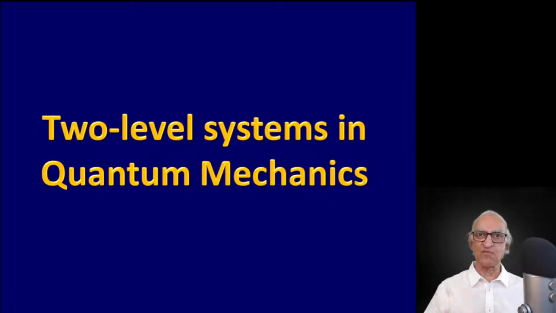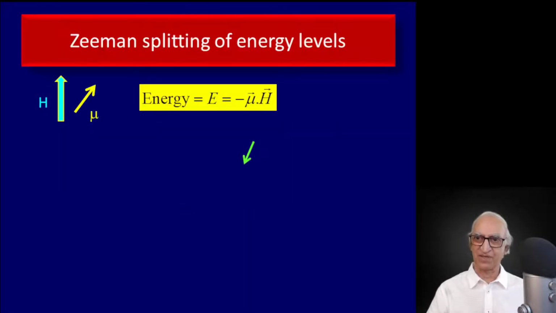If you don't own a copy of Feynman's volume 3, you can click on that link and you will be able to have a ready reference. Apart from the hydrogen atom, the two-level system in quantum mechanics is the simplest and the cleanest system. So if you want to learn quantum mechanics, please work through this algebra, keeping beside you chapter 9 of volume 3 of the Feynman lectures. So let's go.